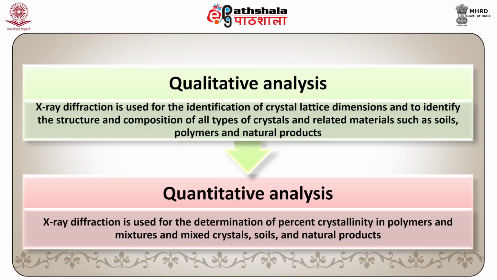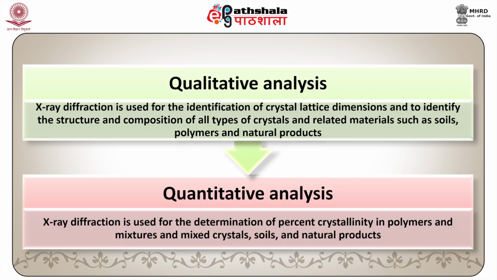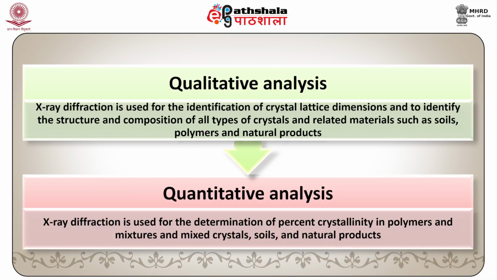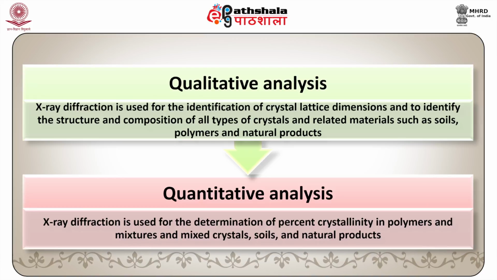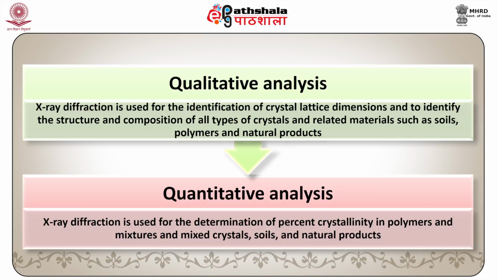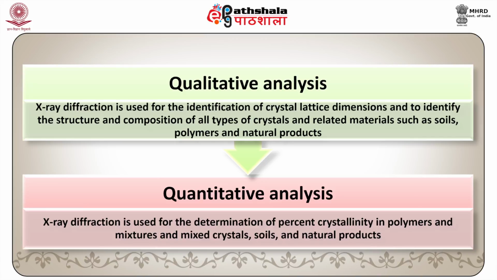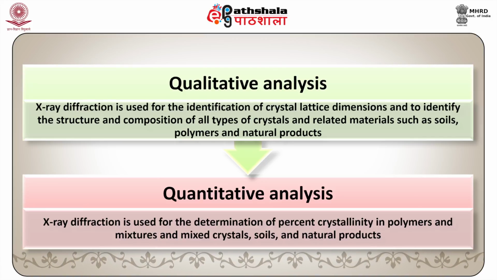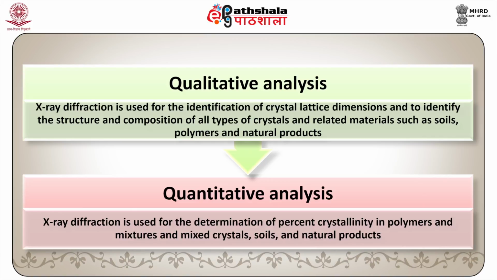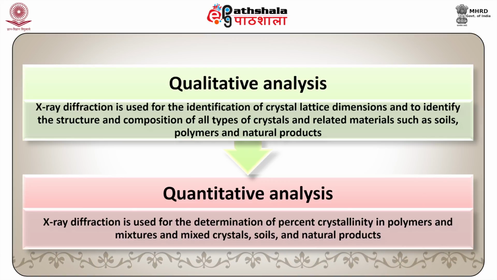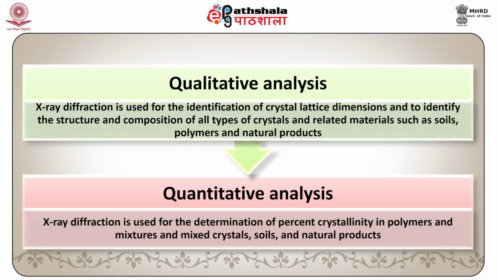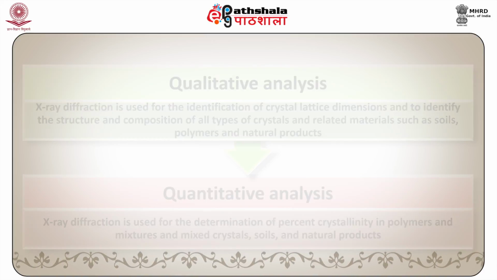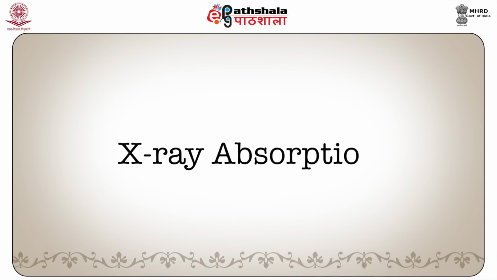X-ray diffraction is used for the identification of crystal lattice dimensions and to identify the structure and composition of all types of crystals and related materials such as soils, polymers, and natural products. Quantitative analysis. X-ray diffraction is used for the determination of percent crystallinity in polymers, mixtures and mixed crystals, soils, and natural products.